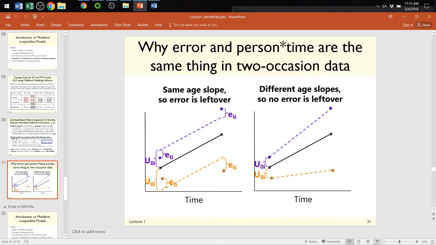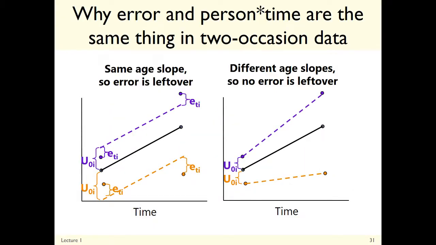So let me show you a picture here that goes with this idea. This is slide 31. Let's say that my orange person and my purple person are from the same group. So each group gets a different slope for change over time between these 2 points. So they're from the same group, they get the same slope, and they get the same intercept. U0 for the purple is the difference between the purple person's mean and the grand mean.